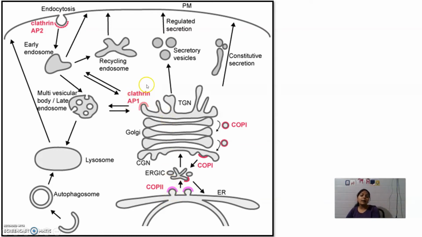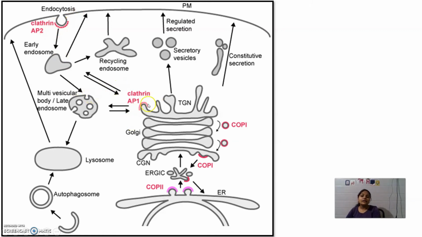Then a third type of coating, that is clathrin coating, is also discussed. Here the vesicles which leave the Golgi apparatus and join the lysosomes, thus forming the endosomes, or the vesicles appearing from the plasma membrane by endocytosis, also have the clathrin type of coating.